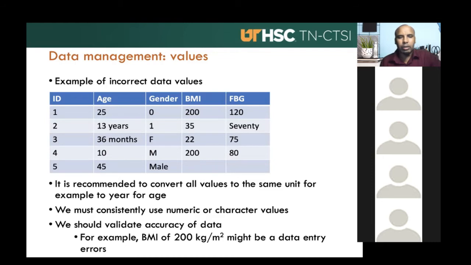We have to check again. There could be some errors in derivation of the data, or some error in data measurement. So whenever we suspect a data point is an outlier and it's not valid, we have to go back and see the source and make sure that the data are correctly entered and there are no measurement errors.